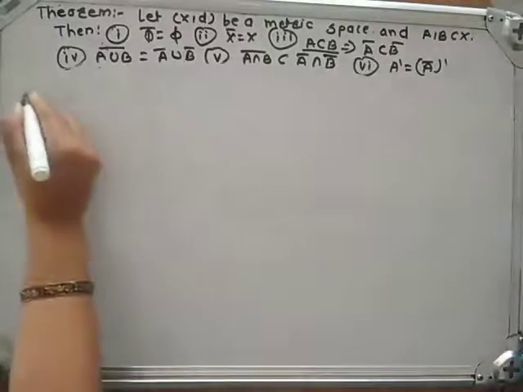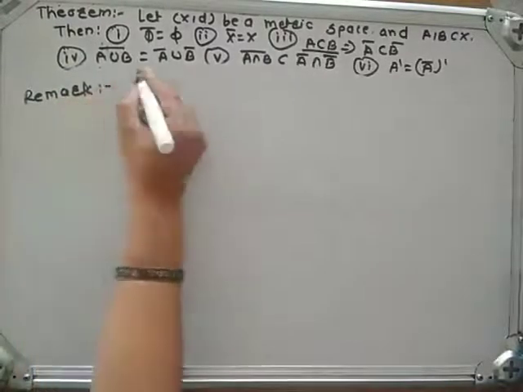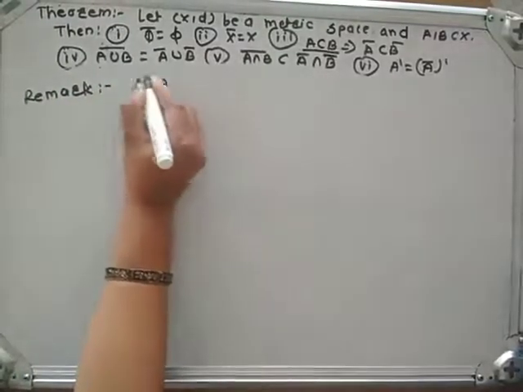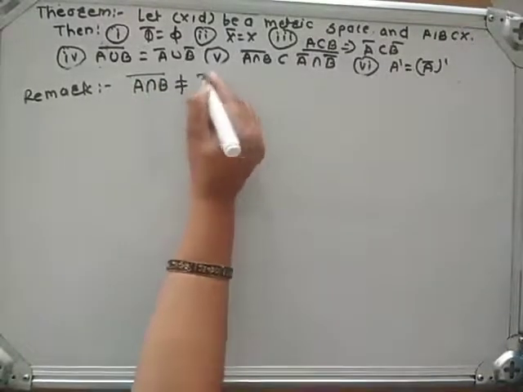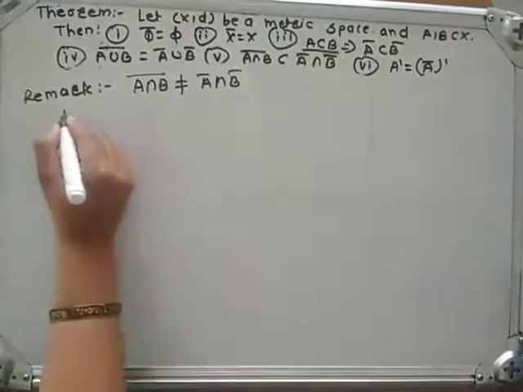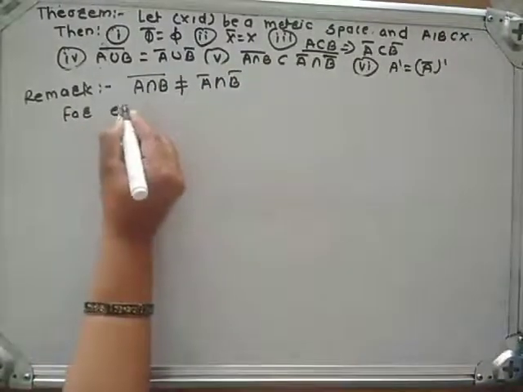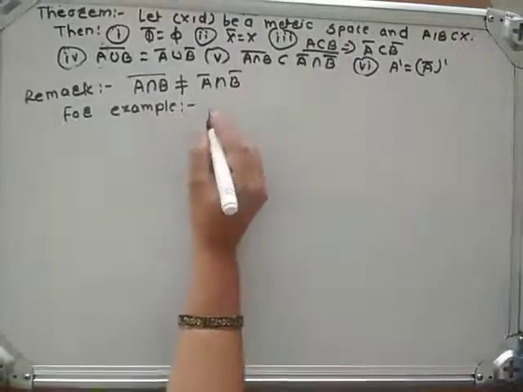Let us take one remark. A intersection B closure is not always equal to A closure intersection B closure. We will see one example on this remark.